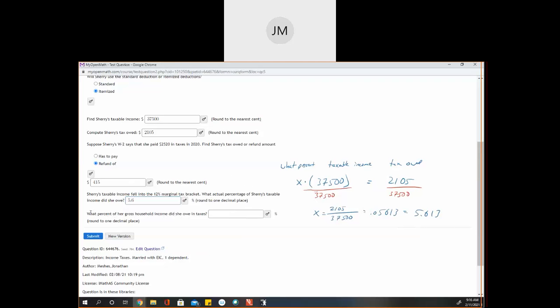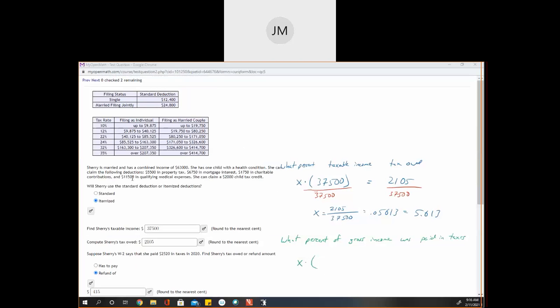The next question is almost identical. It says, what percent of her gross household income did she owe in taxes? For this one, I'm going to go about the same process, but instead of using the taxable income, I'm going to use the gross household income. So again, I have this what percent, then I have my gross income.